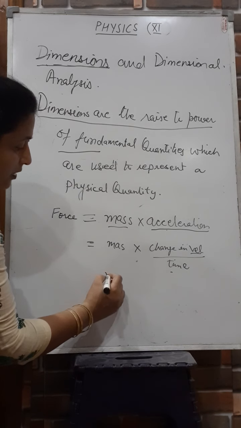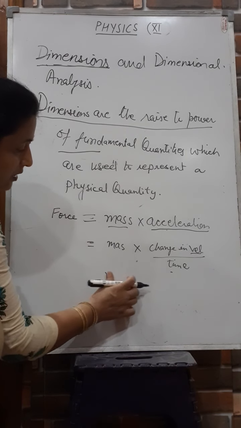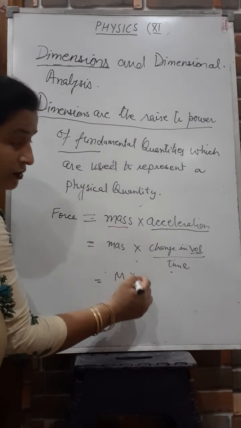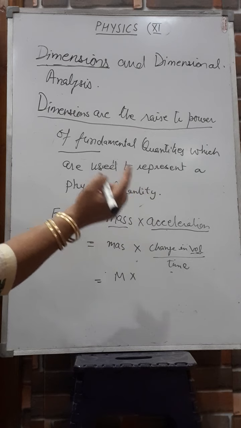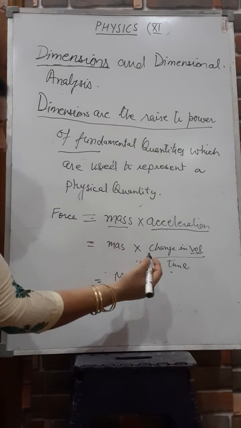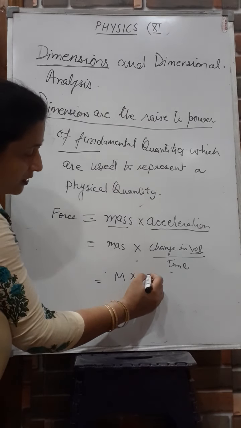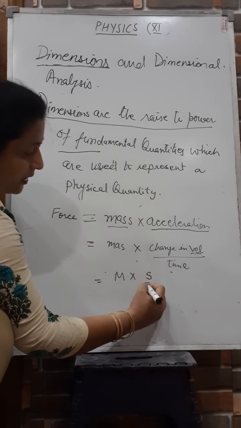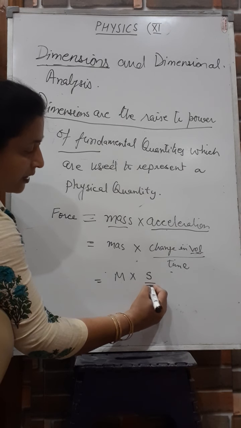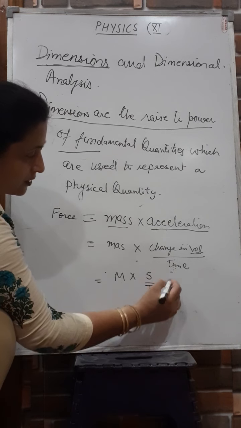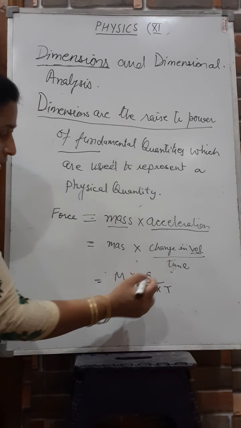So we can represent mass by M into, now the velocity, which is displacement upon time, so displacement I will represent by s divided by time represented by t, and there is one more t for acceleration, right?